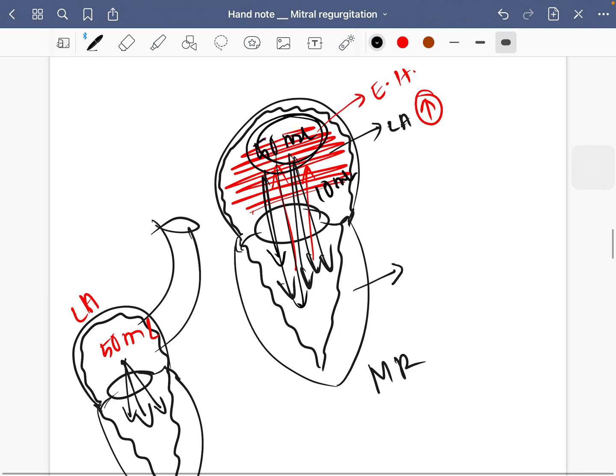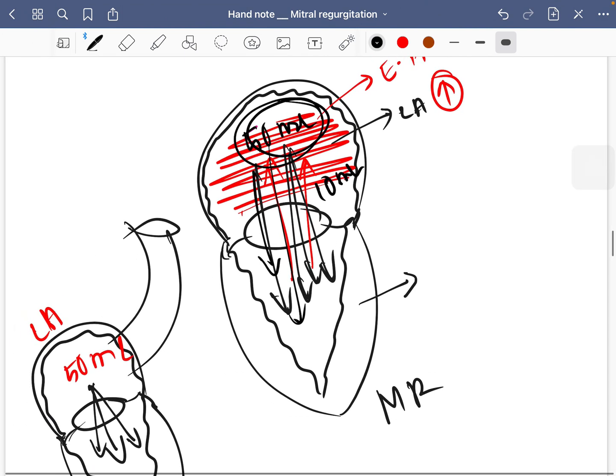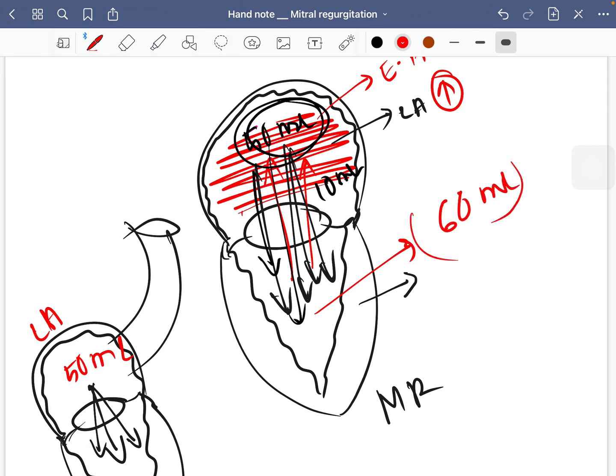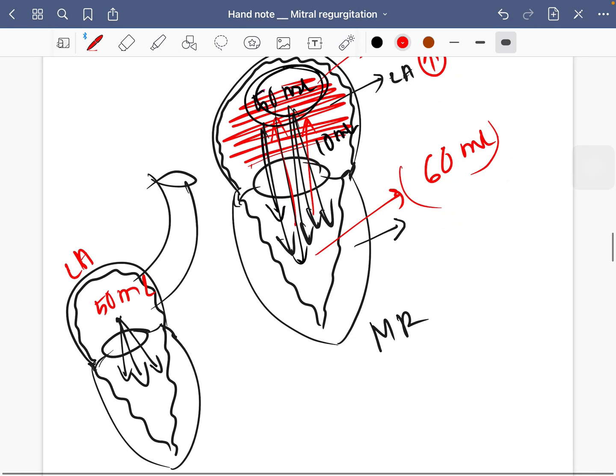So that means in case of mitral regurgitation, the left ventricle is receiving 60 ml of blood during diastole. So gradually the left ventricle will also face volume overload.